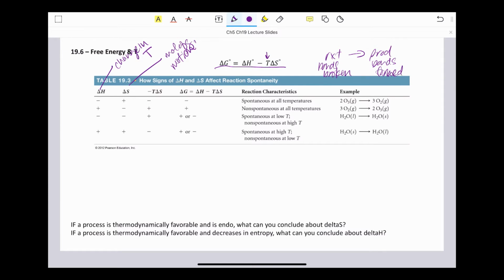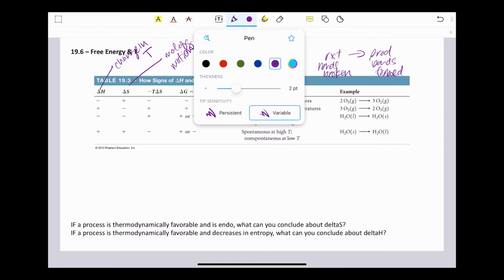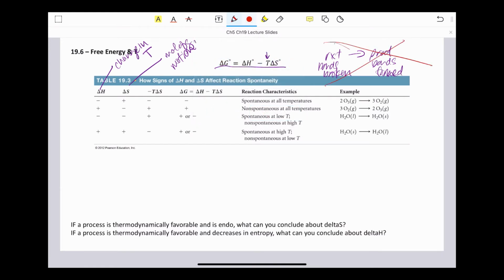Which means you can't just think, oh, it's a decomposition, so it must be endothermic. Not necessarily, because it's the balance of the energy for both of those that determines whether the overall enthalpy is positive or negative. So you will never use something like that as a justification.